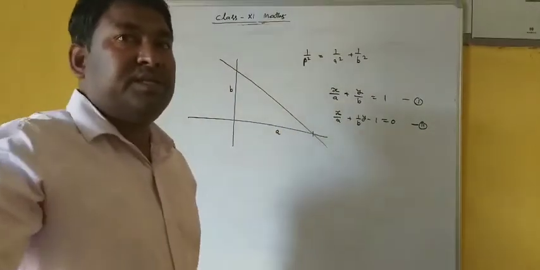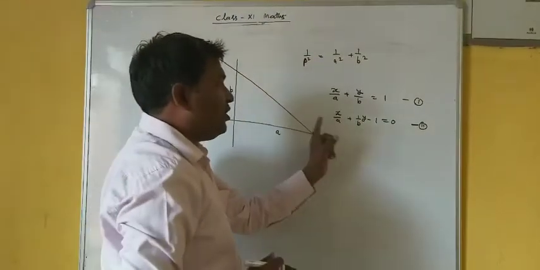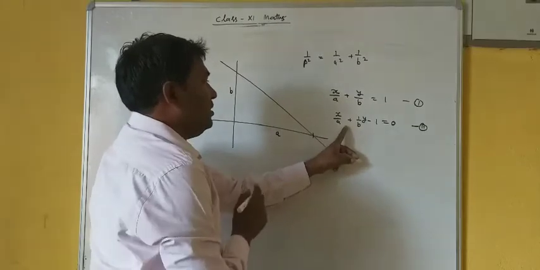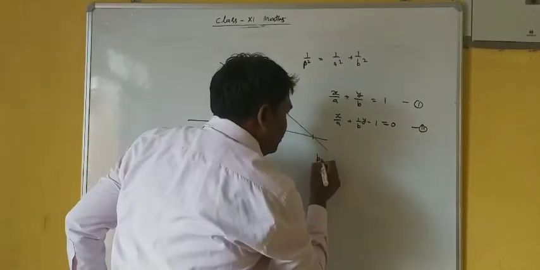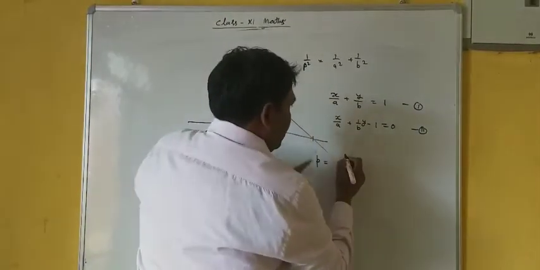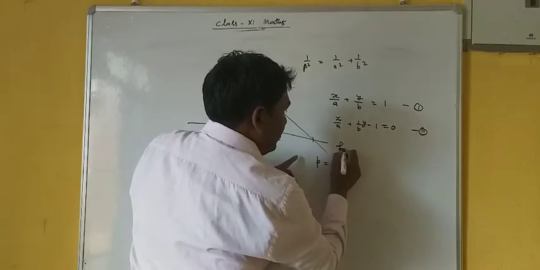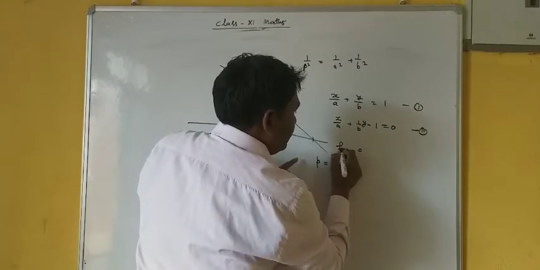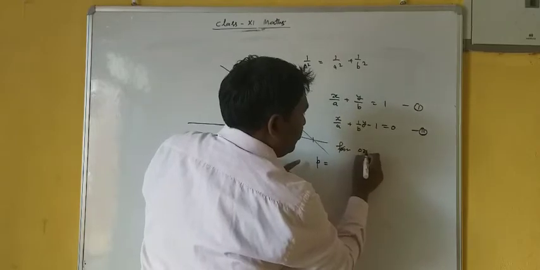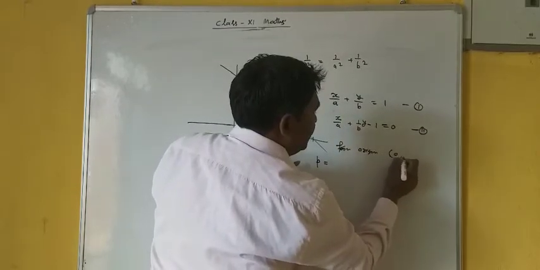Now, it is given that the length of the perpendicular drawn from the origin to this line is P. So, P is equal to what? From the origin, that means (0, 0).